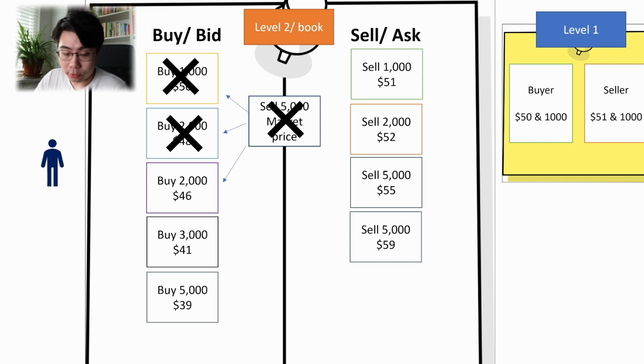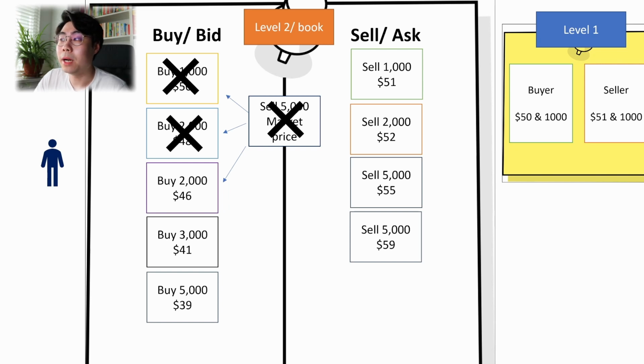The seller, of course, gets fulfilled as well because he sold all 5,000 of his shares. The third one, this purple one, doesn't get fully fulfilled. They still have 2,000 shares that they want to buy, but there's no more matching anymore, right? So when this happens, the trade has been fulfilled and has been executed.